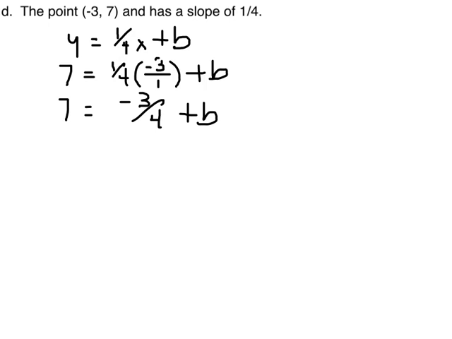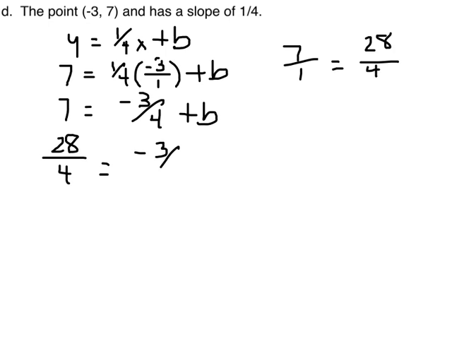Now I've got to get a common denominator here. 7 over 1 equals what over 4? Well, it would be 28. So 28 over 4 equals negative 3/4 plus b.